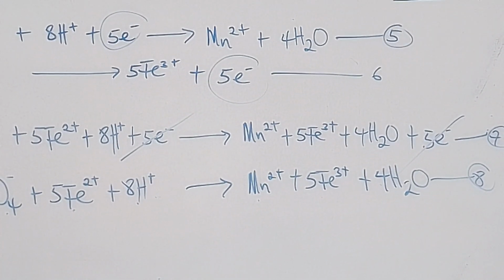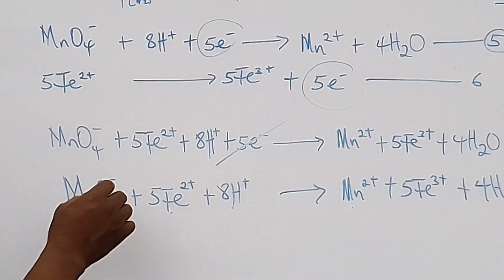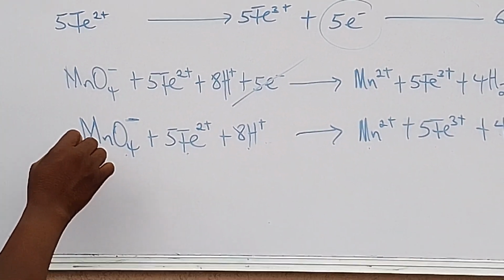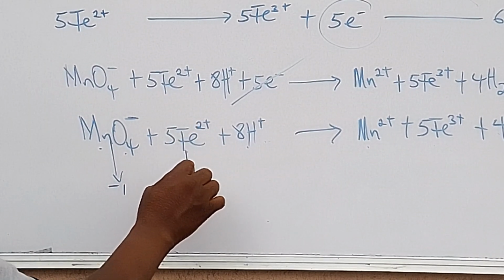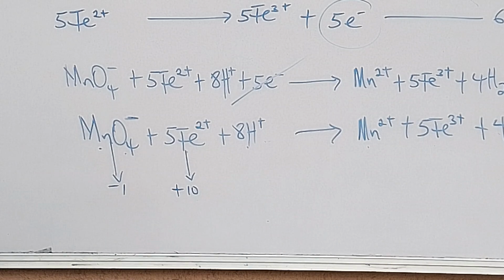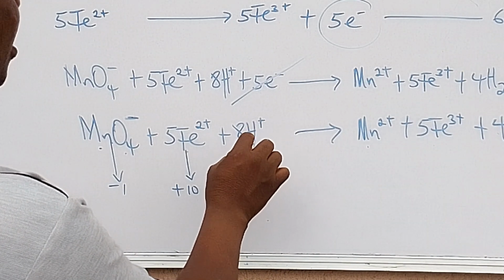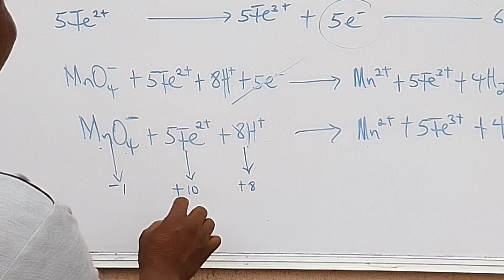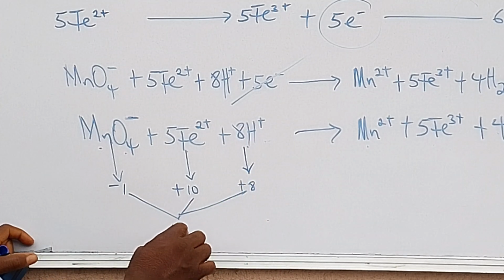All right. Now in terms of charges, let's check. -1 multiplied by the coefficient is -1, plus 2 times 5 is +10, and +1 times 8 is +8. Add all together, you have +17.